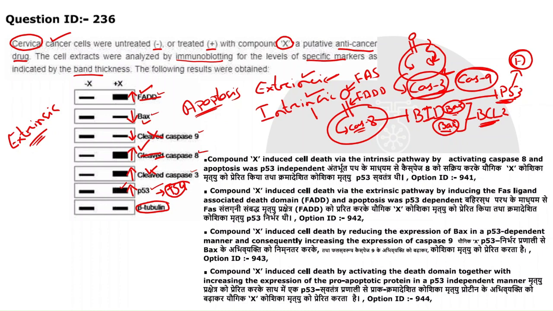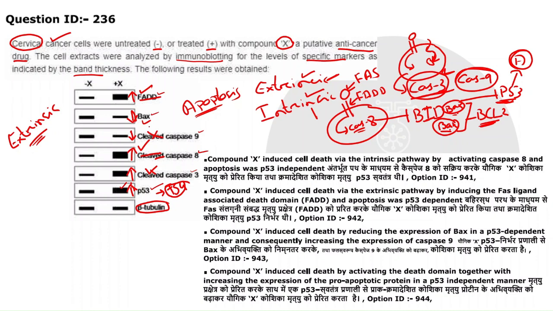Okay. So next, here you can see BAX is reduced and P53 is increased. So it is through the extrinsic pathway, through caspase 8, which inhibits BID and increases the expression of P53 and causes apoptosis. So you have to remember this apoptotic pathway.